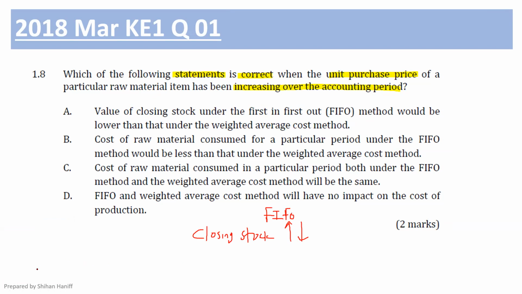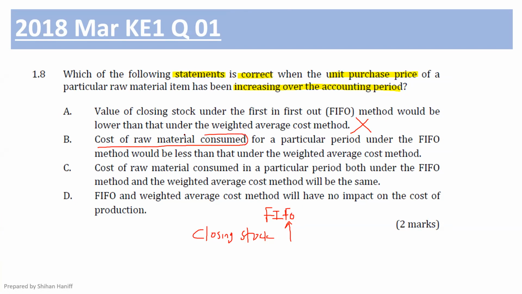The closing stock will be at the last purchase price. So the closing stock is high in the first in first out method, because in the closing stock you will have the last purchase price. The value of the closing stock under first in first out would be higher, not lower. So the first one is wrong.